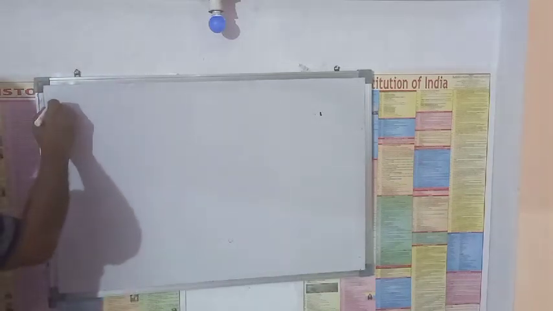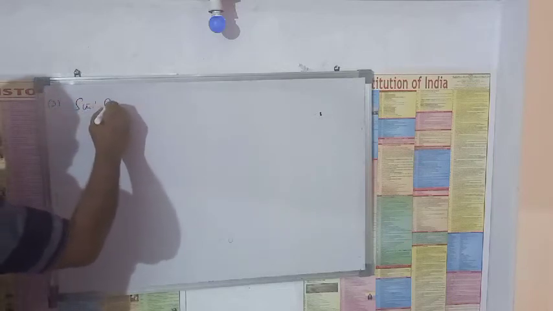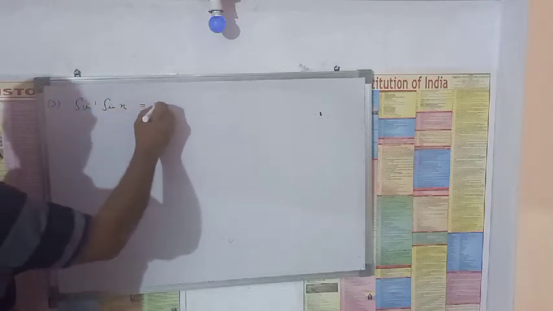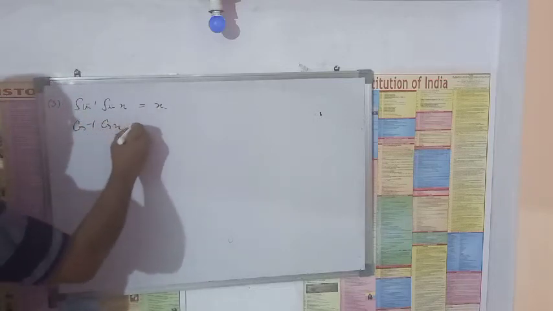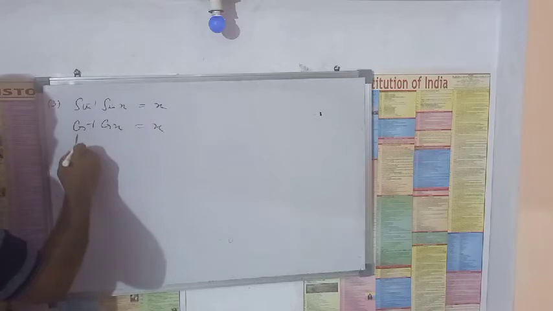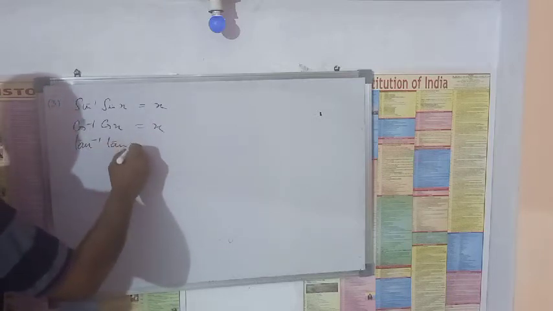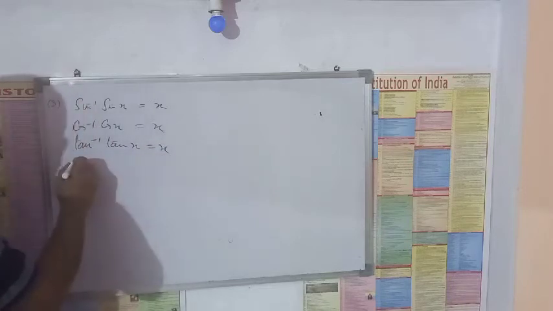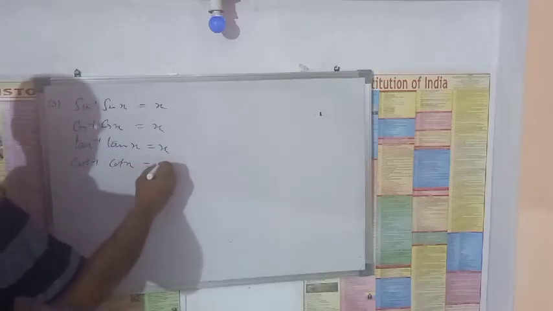See the third property. Sin inverse sin x is equal to x. Cos inverse cos x is equal to x. Tan inverse tan x is equal to x. Cot inverse cot x is equal to x.